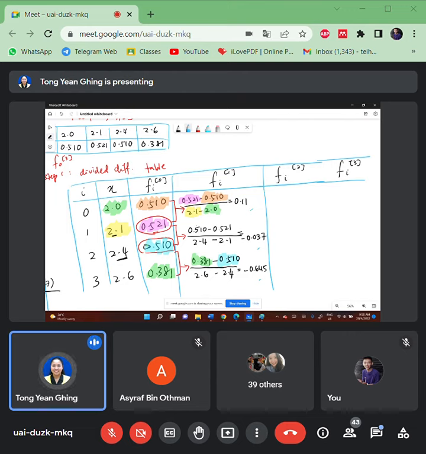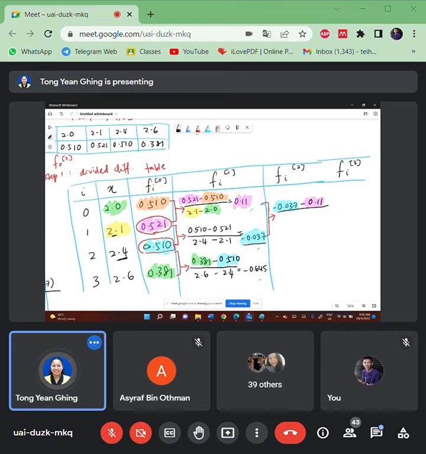And then we continue. So now we consider these two. So these two, ambil je nilai this value. Terus ambil this value. Negative 0.037 minus dengan this value, 0.11.